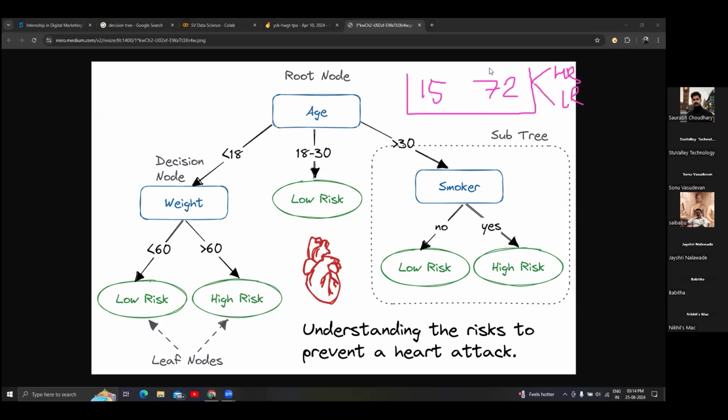This is the raw data. 15 is age, 72 is weight.